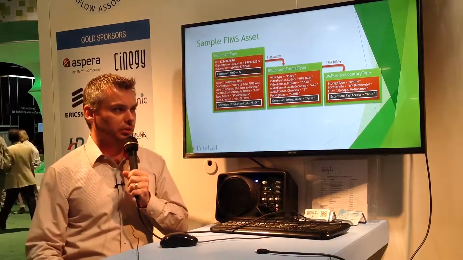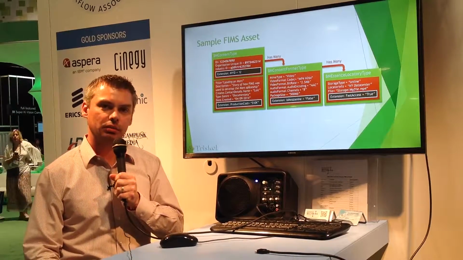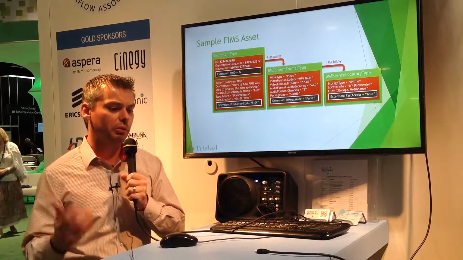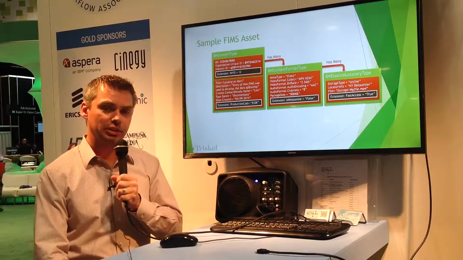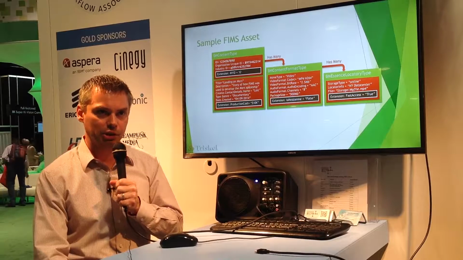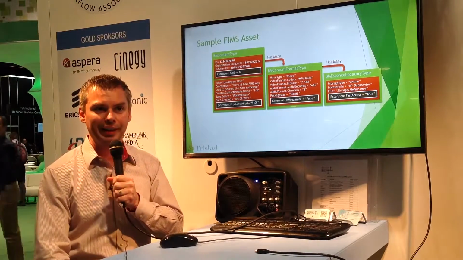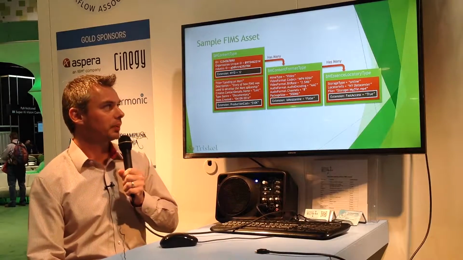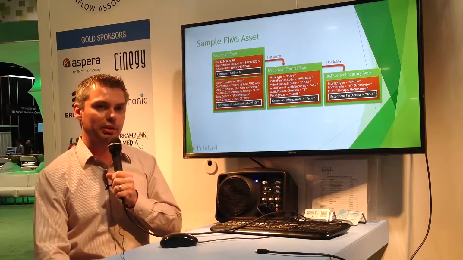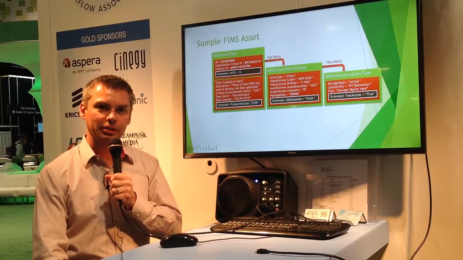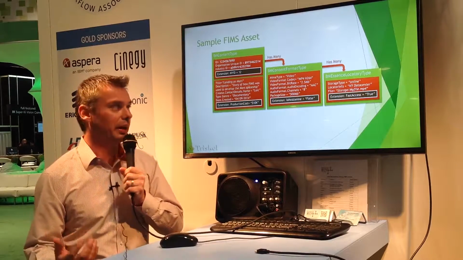So before we get into some of the details, I just want to go back and describe how we represent a FIMS asset. The FIMS asset is divided into three different logical layers. The first one is the BM content type, and that's actually the name of the object within the FIMS schema. Within that layer, you have the ability to describe an asset by its identifiers.